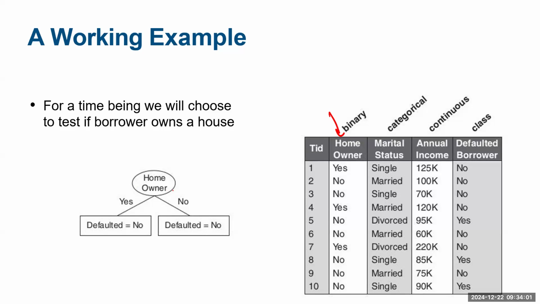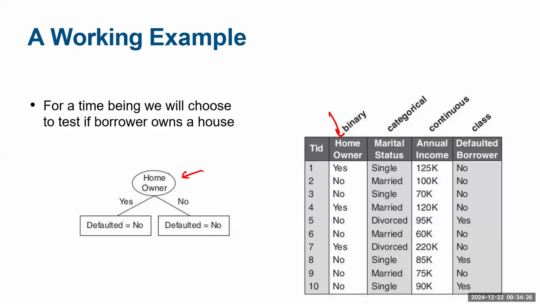So this is going to be my decision node. This is binary, so you only have to write the name of the attribute, and the edges coming out are going to be yes or no.